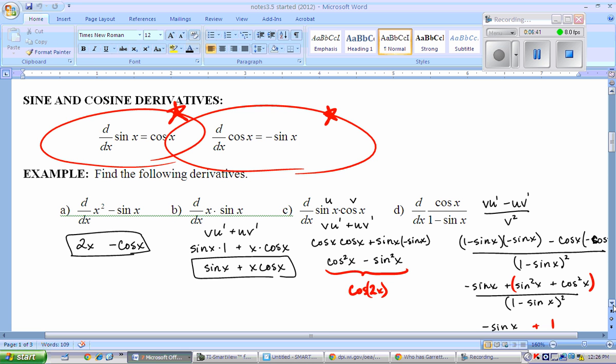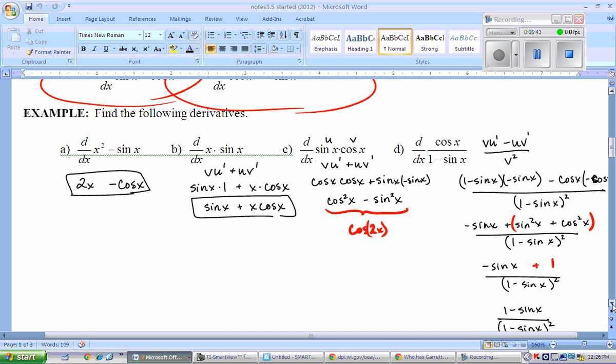One that should stick out to you, though, or you will need to use, since it does come up a lot, is what happens in D when we plugged in just the V and the U prime because we had a quotient. It was the sine squared of x and the cosine squared of x.